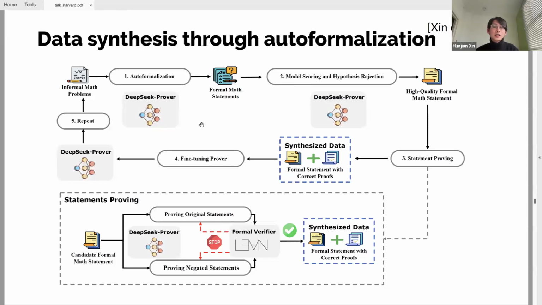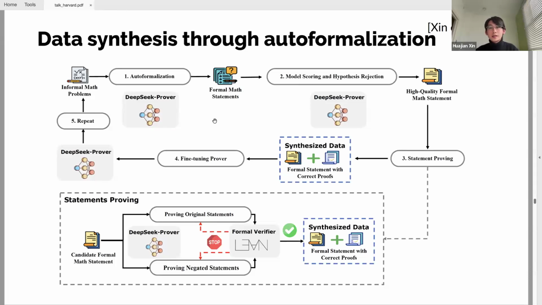Autoformalization means that we translate a natural language problem into a formal theorem statement. In this pipeline we convert the informal math problem into a formal statement. And finally, we generated 8 million proofs for training.